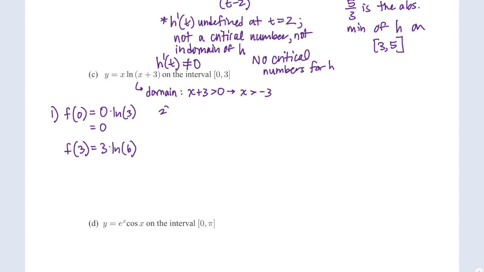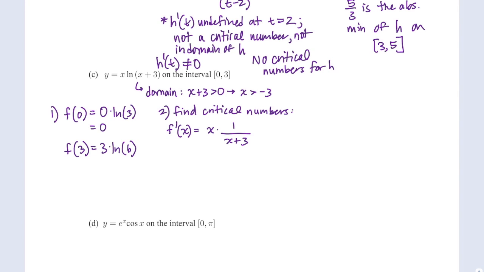Our next step is to find the critical numbers. For this, we'll need the derivative, which is going to involve the product rule. So the first times the derivative of the second. Remember, when I'm doing the derivative of a natural log of something, I have 1 over that input times the derivative of the input, which would just be 1.